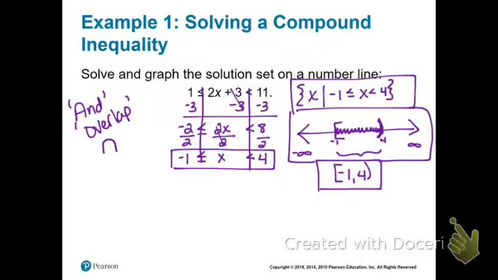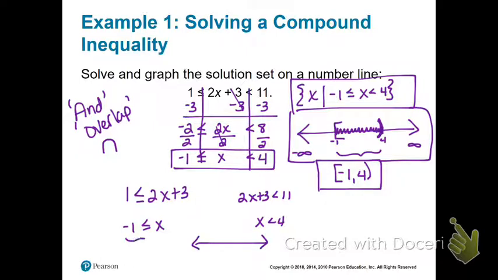Because if I took the 1 and I set it less than or equal to the 2x plus 3, I would have gotten -1 is less than or equal to x. And if I took the 2x plus 3 and I set it less than the 11, I would have ended up with x is less than 4. And then we'd have taken each of those and would have graphed them individually.